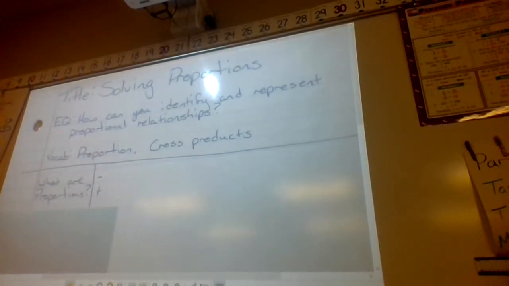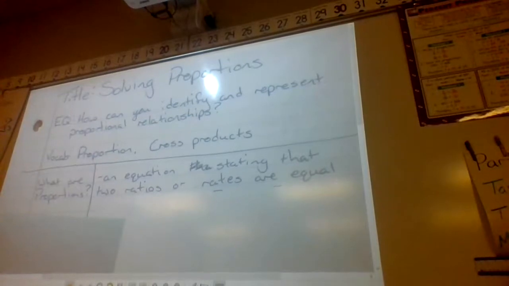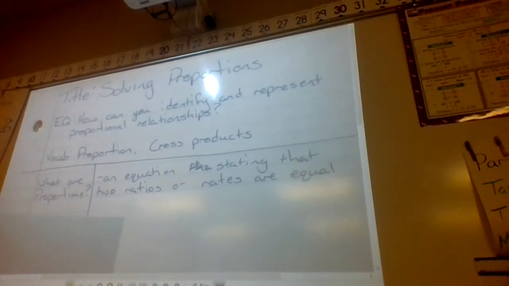So what are proportions? A proportion is an equation stating that two ratios or rates are equal. So it has to tell us that two ratios or rates are equal.